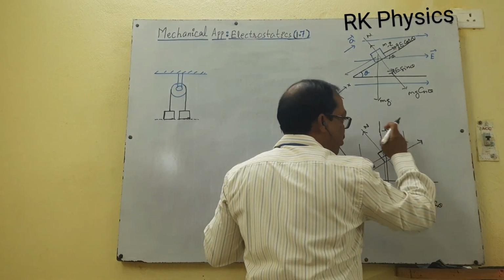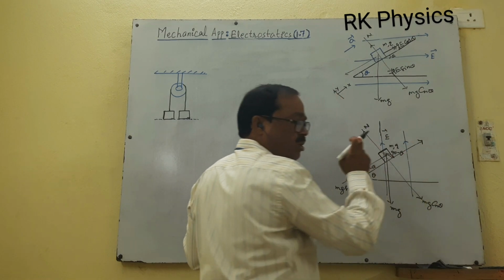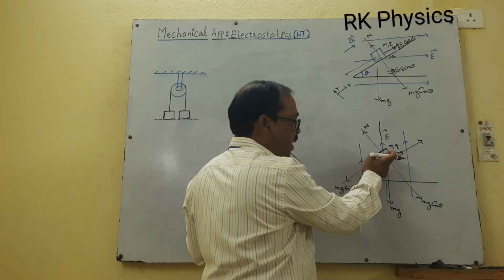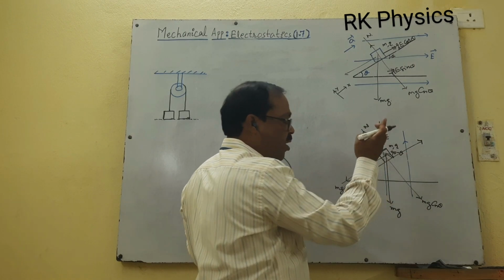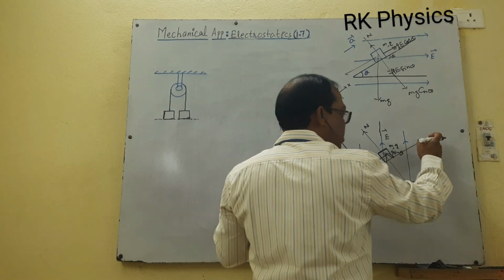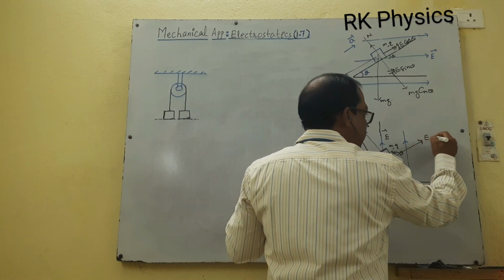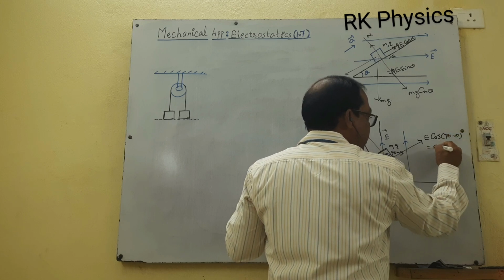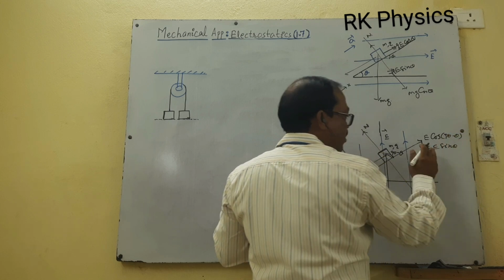So what is the component of E along this direction? Vector E, the electric field, makes an angle 90 minus theta with the horizontal. Its component along this direction is E cos(90 minus theta), that means E sin theta.